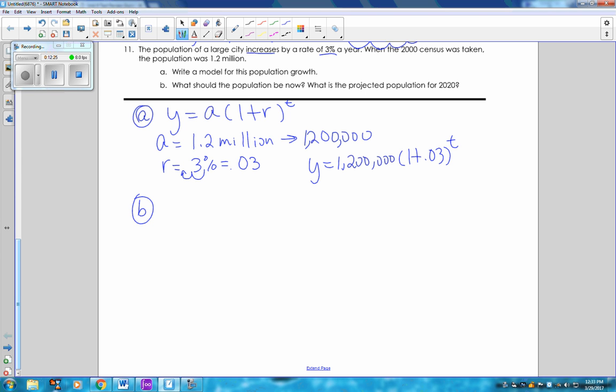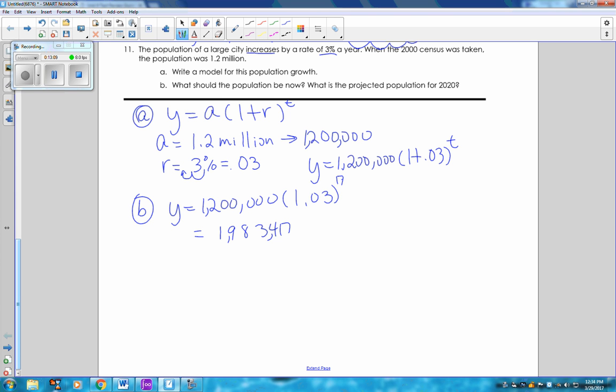Okay, the population now, it's 2017, so you're going to put a 17 in for T. 1 plus 0.03 is 1.03 to the 17th power, and that's going to give you about 1,983,417.something. There are some decimals, but we can't have part of a person, so I'm going to round it to 1,983,417.